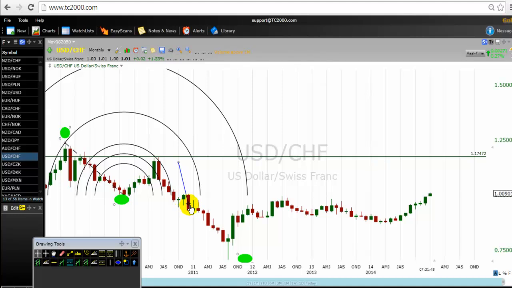Very often, sometimes the price may not change direction on the edge of the Fibonacci arc, but will change direction near the median line of two Fibonacci arcs. So as I draw it now, you can see here, the price did find a support near, you see here, it went horizontal and tried to find a support near the middle arc, if you accept this as a middle arc of the two arcs here.